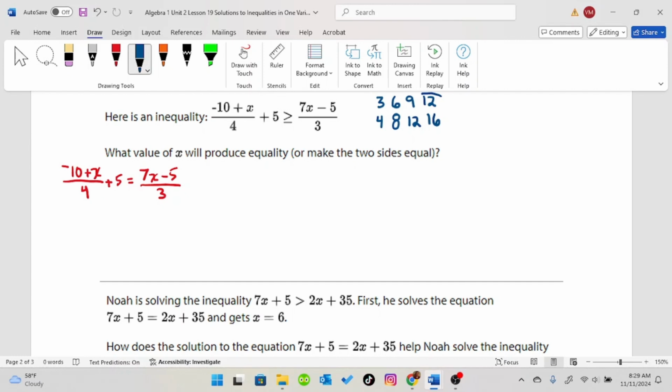As soon as you see numbers on the top and the bottom that are matching, that is your least common multiple. So what we're going to do is multiply everything on the left side by 12 and multiply everything on the right side by 12.